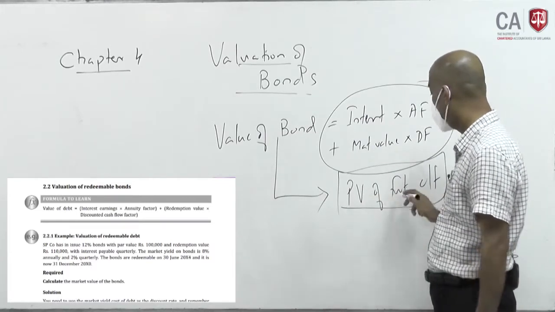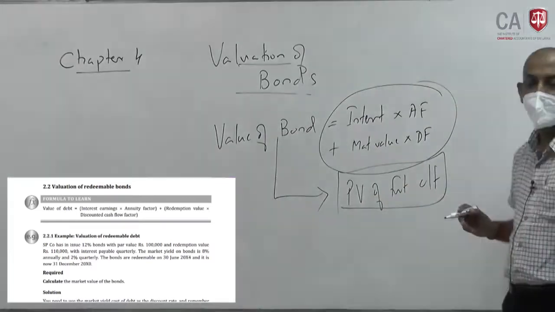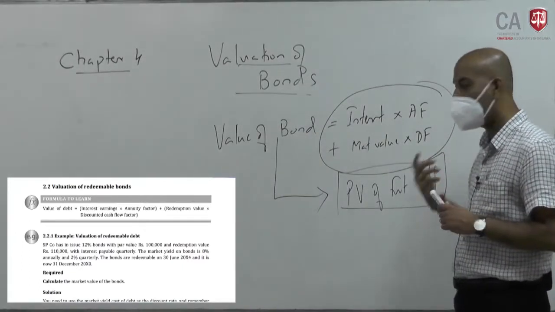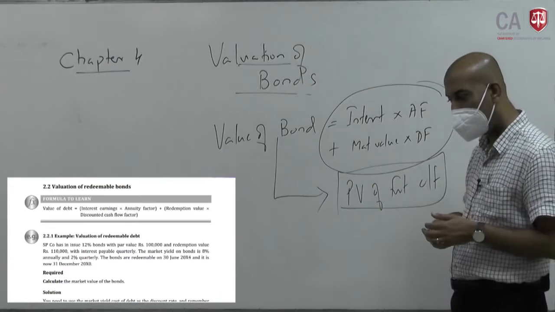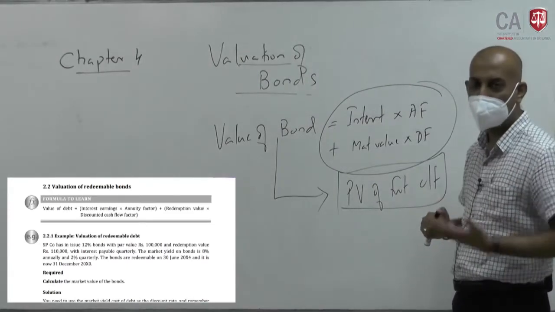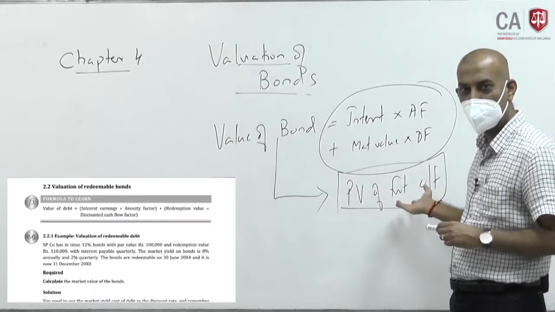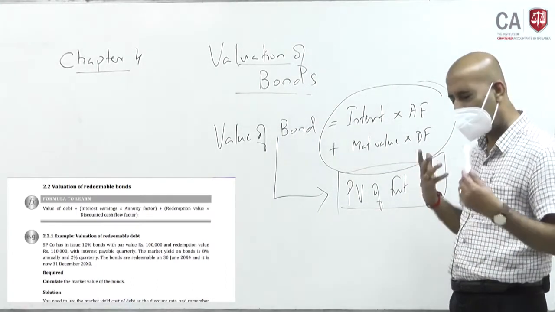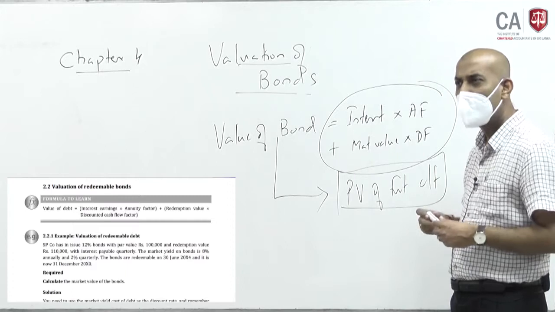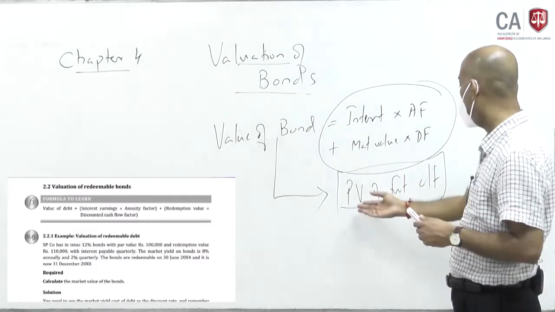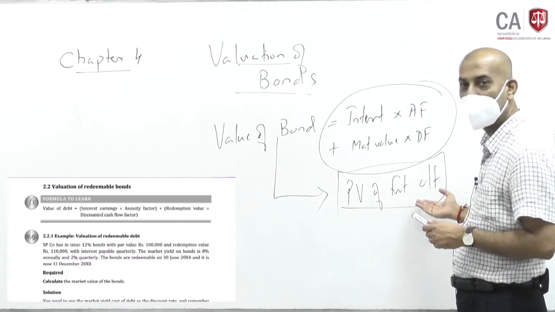Keep this in mind. Even in the valuation of shares we said it's always cash flow based valuation. The value of the shares, the value of the business equals the present value of future cash flow. In share valuation you have various techniques, but all are cash flow based valuation, the ideology is valuation equals present value of future cash flow.